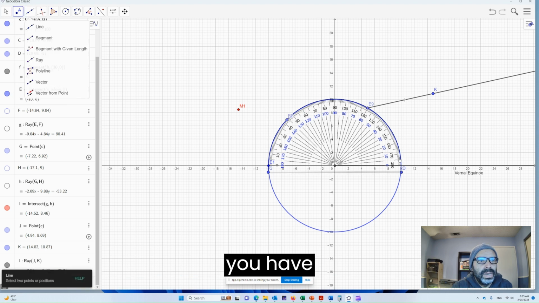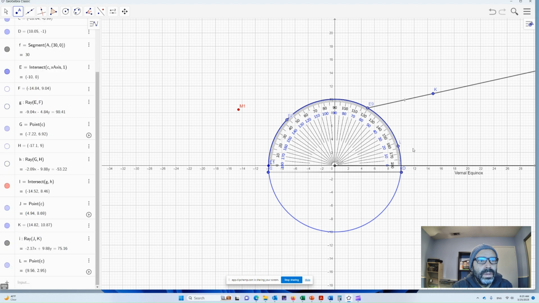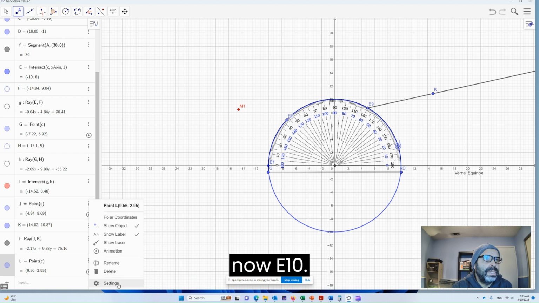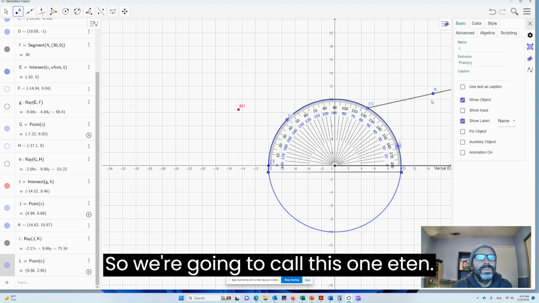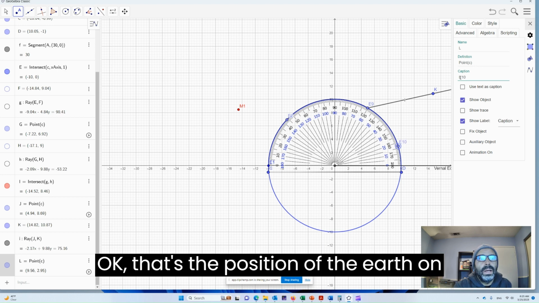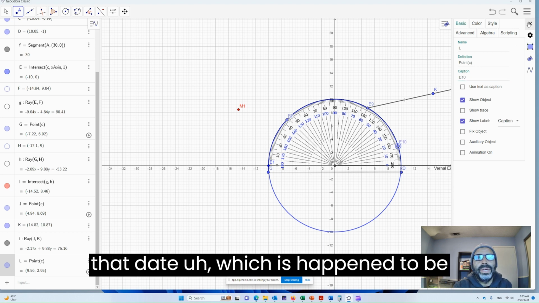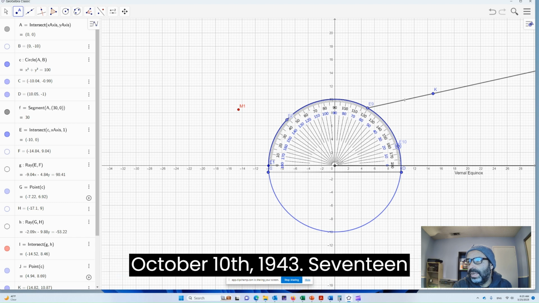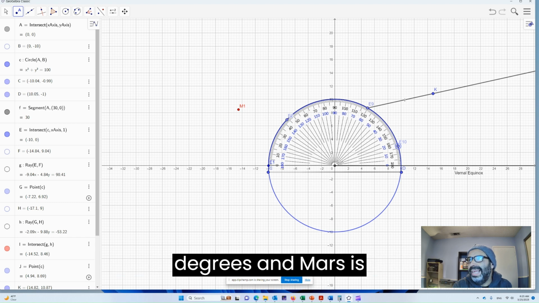So 17, you have 10, 15, 16, 17. Okay, called it L. And let's call this one E10. That's the position of the Earth on that date, October 10th, 1943, 17 degrees.